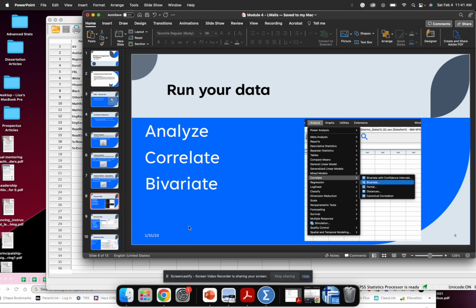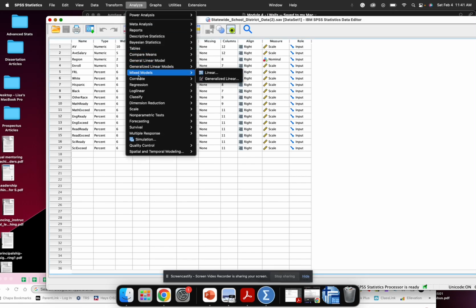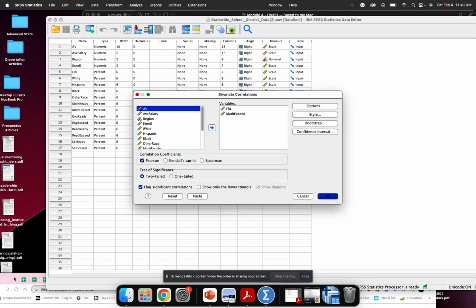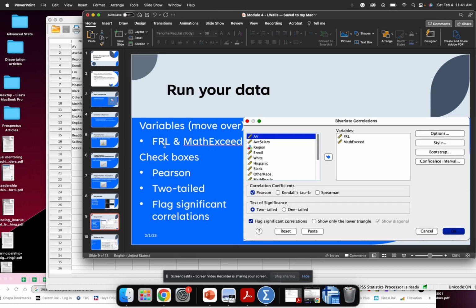So we're going to go to Analyze, Correlate, and click Bivariate. So we're going to go to our data. We're going to go to Analyze, Correlate, Bivariate. All right, so here we are. And then we're going to click over Free Reduced Lunch and Math Exceeds because those are our two variables.